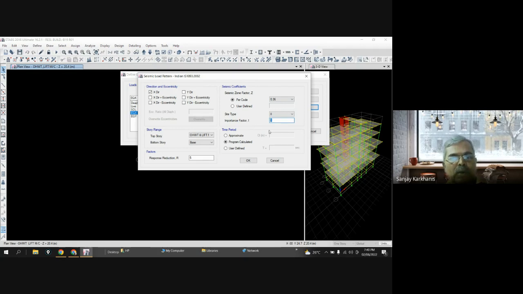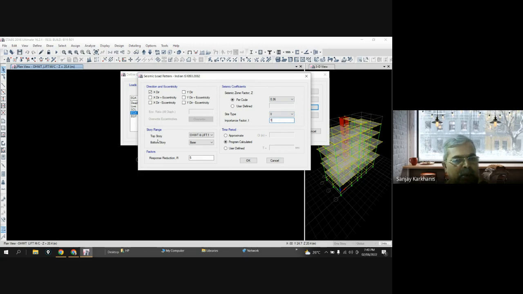But right now we are using importance factor as 1. Clear? Clear, sir. So here you have chosen the direction, here the parameters for zone, the zone factor, then the soil type, which may be 1, 2, or 3, and the importance factor.